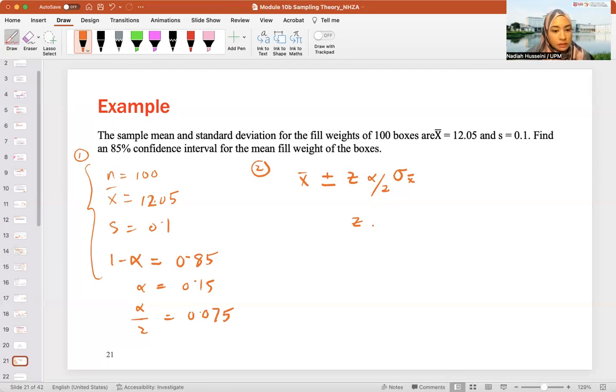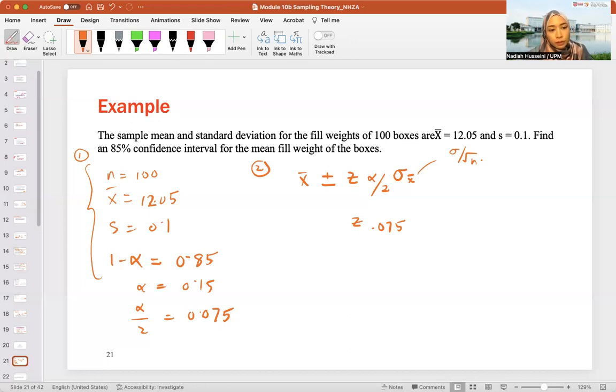Z of 0.075, and the standard deviation of your sample mean would follow this one, sigma over square root of n. So I don't know what my population standard deviation is. What should I do here? What did I tell you?